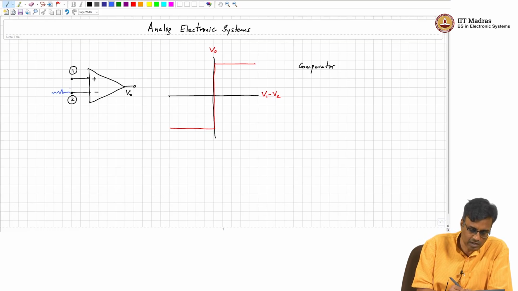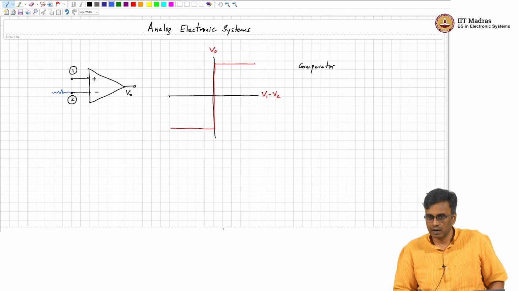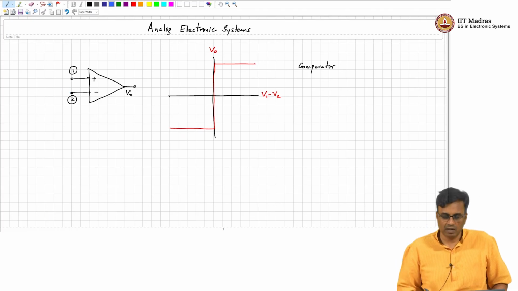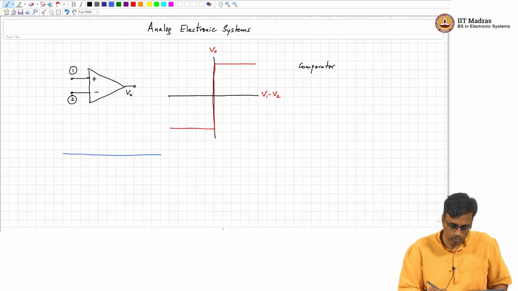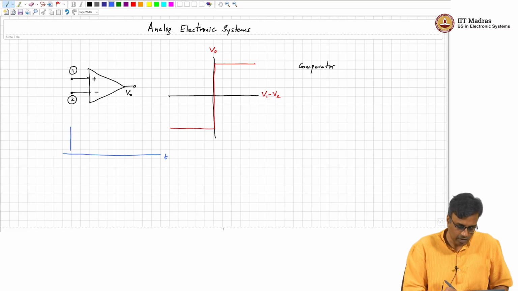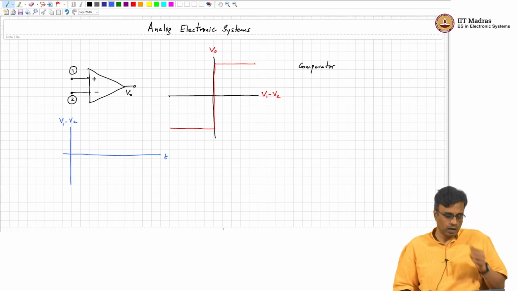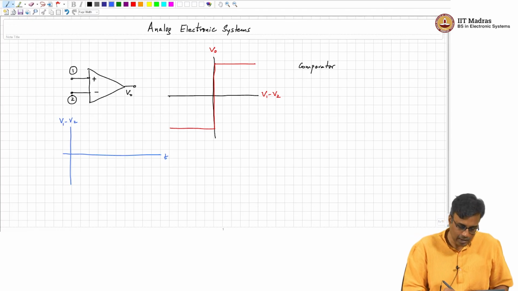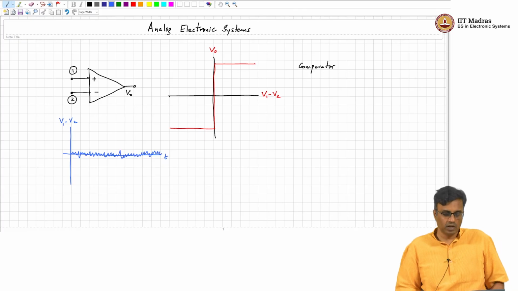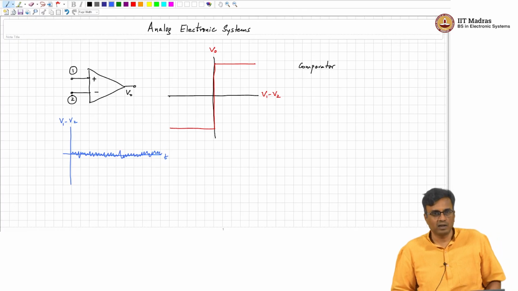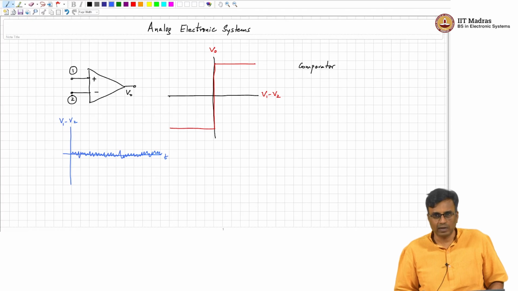So basically, what will happen is that this is time, and this is V1 minus V2, right? Let's say the input is close to 0, or maybe slightly more than 0, but more often than not there is noise riding on that difference.